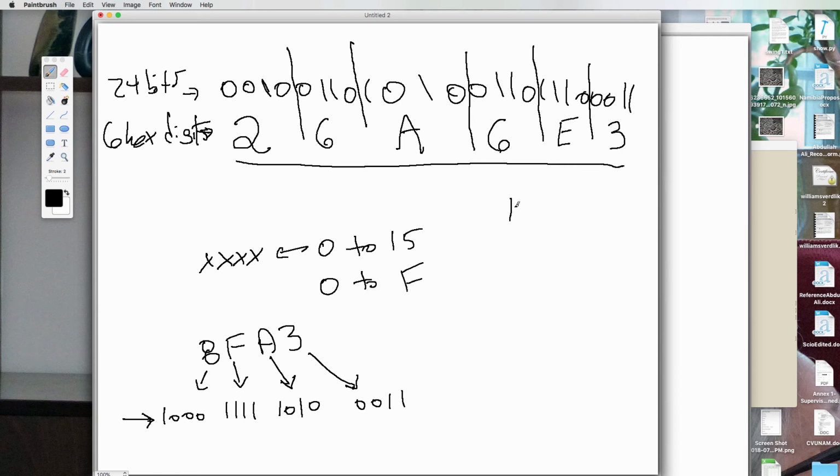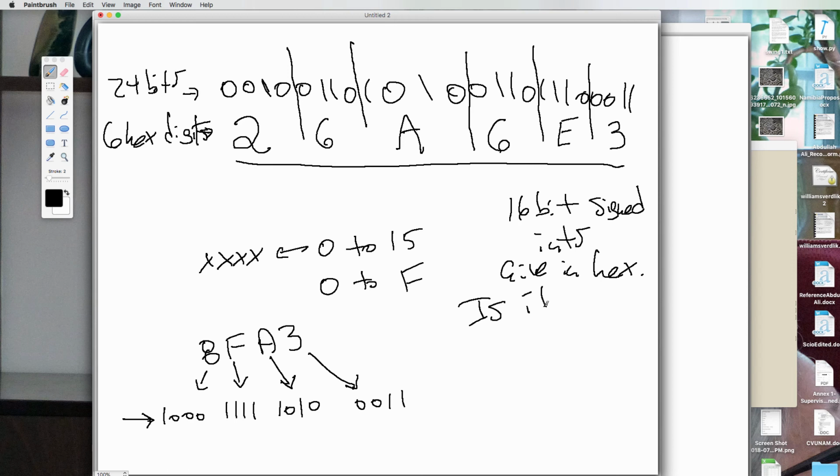Quickly now, here's an interesting thing. Suppose I'm talking about 16-bit signed ints, given in hex. And the question is, is it negative? If these are 4 hex digits, that's 16 bits. I have to look at this expanded, and remember that's 4 bits.